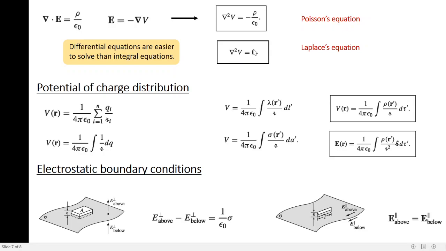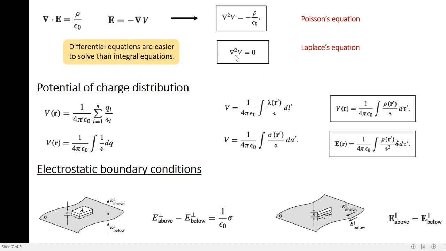Now, why do we need this kind of an equation? Because our aim is to find the electric field, and we already have a way for that, using our Coulomb's law. But as I said, there are two issues. One, electric field is a vector, so every time you need to make 3 computations. Secondly, if you look at the Coulomb's equation, that is an integral equation. On the other hand, the Laplace's equation is a differential equation.